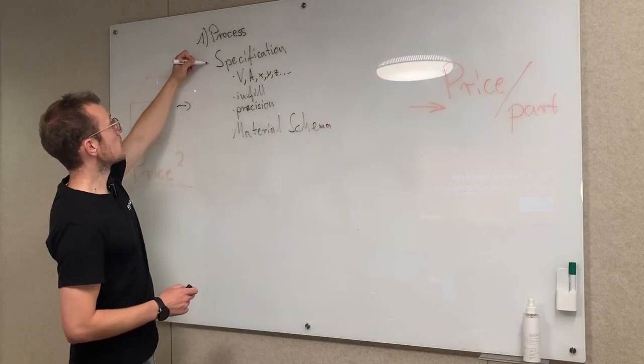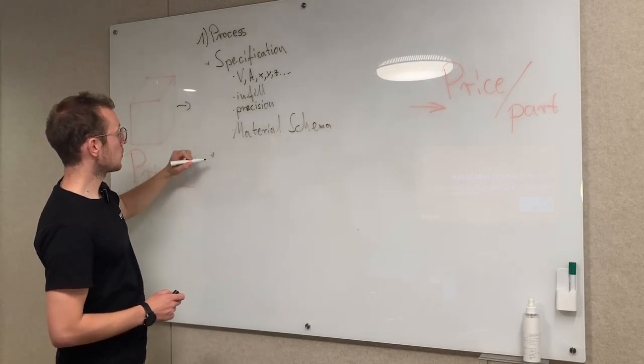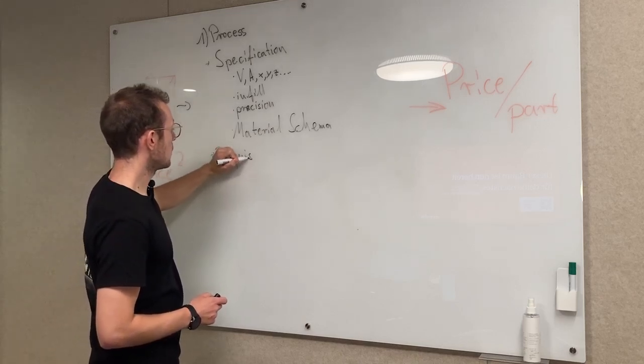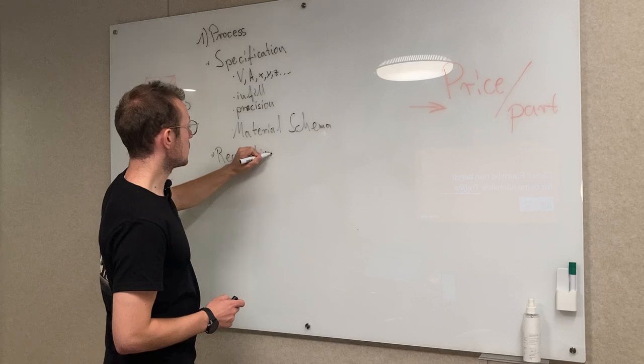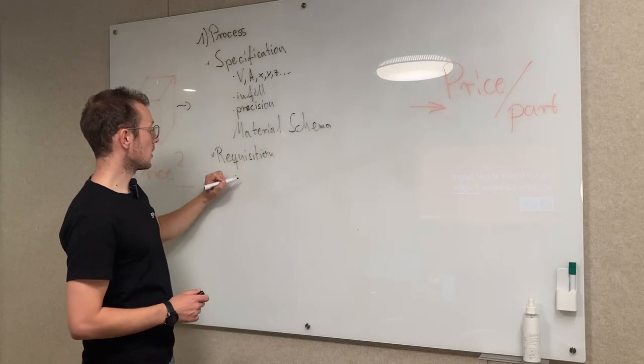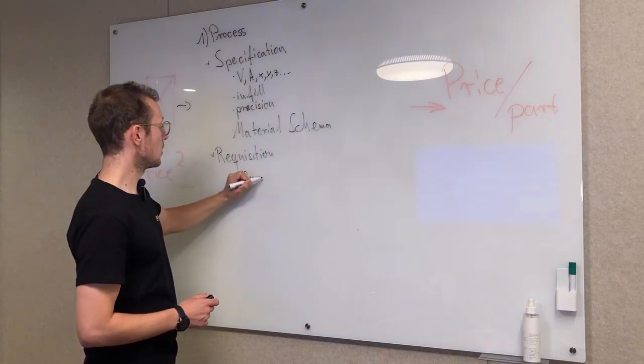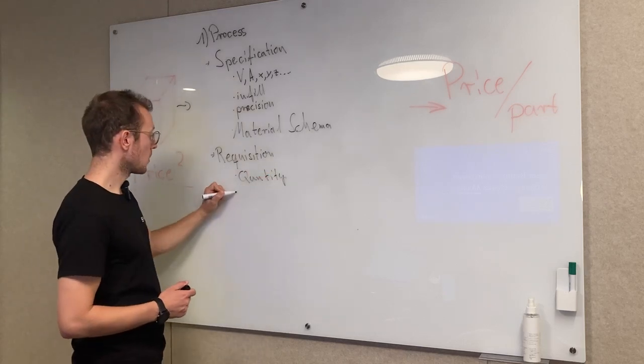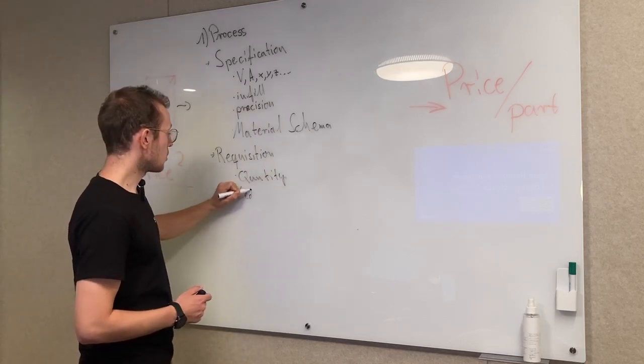So next to specifications, we actually also have something that we call the requisition. And within the requisition, you find information like, for example, the quantity and also the lead time. And you see already where this is going.